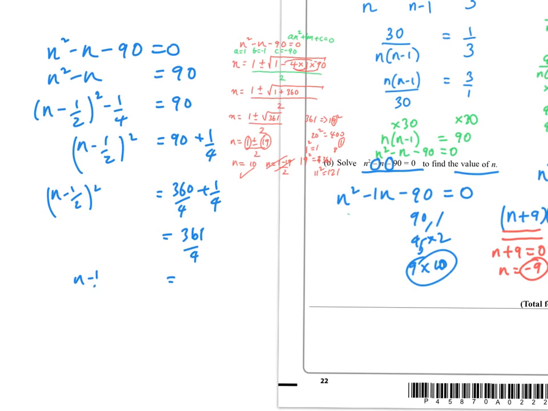And then we've got n minus a half would be plus or minus the square root of 361 quarters, which is 19 halves. So add a half to both sides, and you get the same thing going on here as you did before.